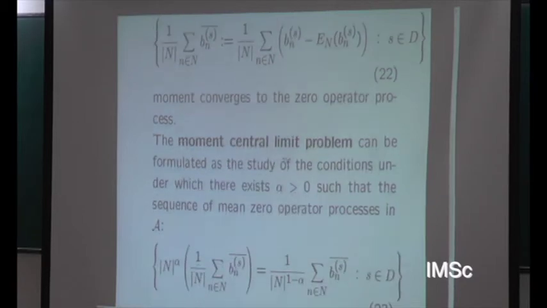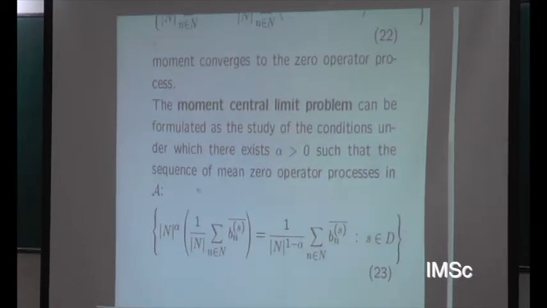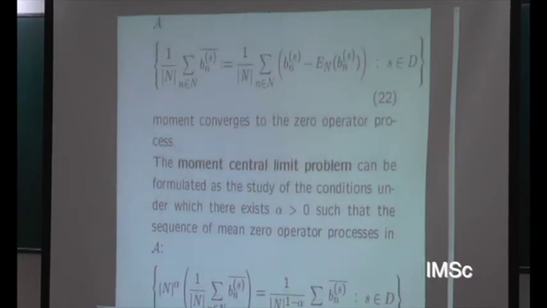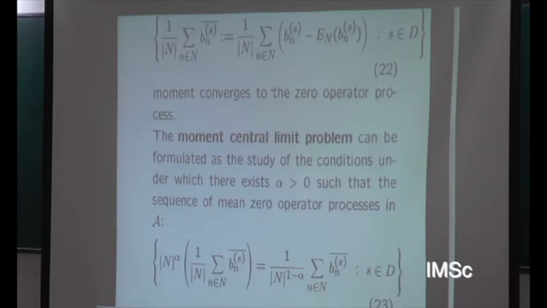And by the moment central limit theorems, essentially, I know that this sequence will converge. The central limit theorem will tell you, if I define B bar, this with the zero mean sequence, what is the speed of this convergence? That is, if I multiply by some cardinality of n to the power alpha, this limit exists and is identically 0, because by the law of large numbers this limit will be identically 0.